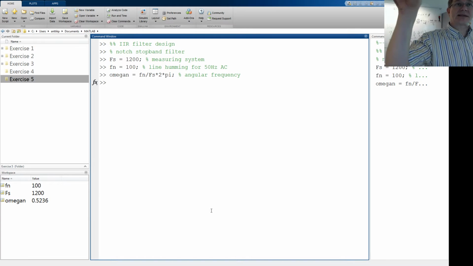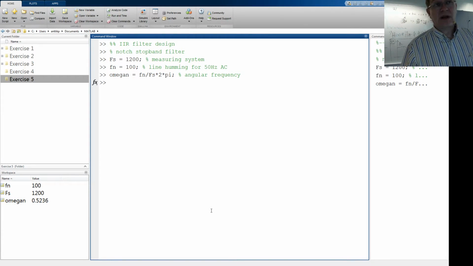And at this frequency we have the notch, meaning the zero on the unit circle.